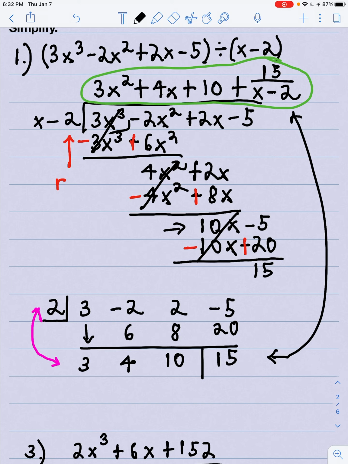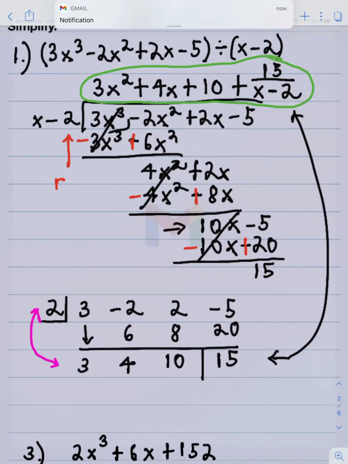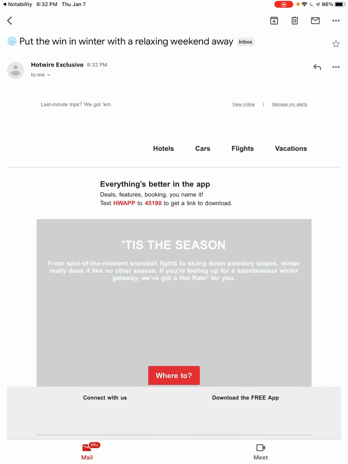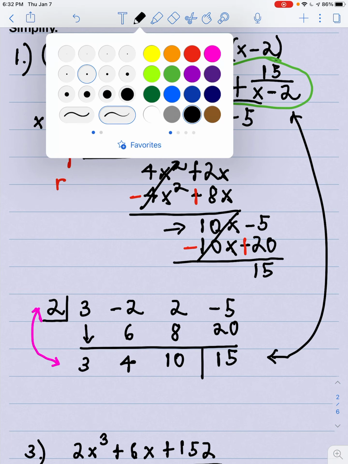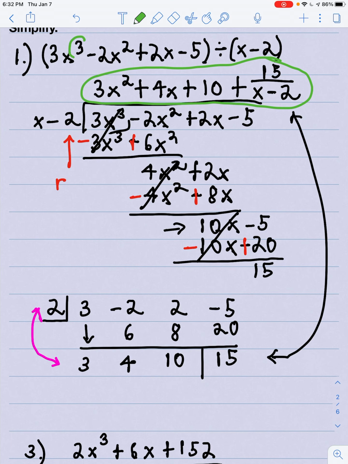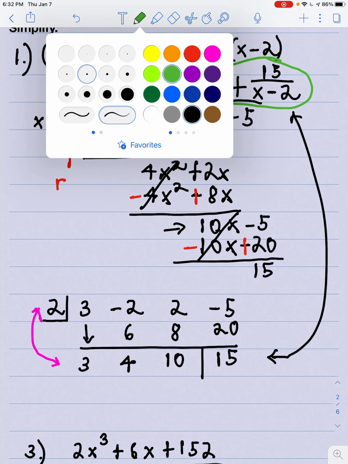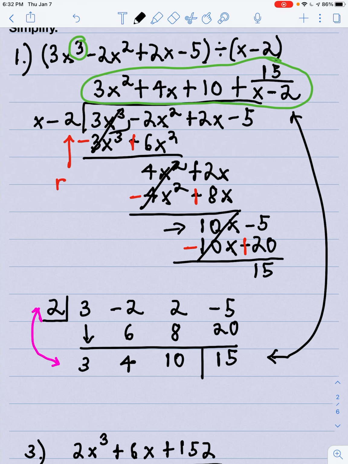So they're the same because they give us our answer, and we have to remember that the exponent in the original problem is going to decrease by 1, and we are going to interpret this as 3x squared, 1 degree less than what we had when we started, plus 4x plus 10.